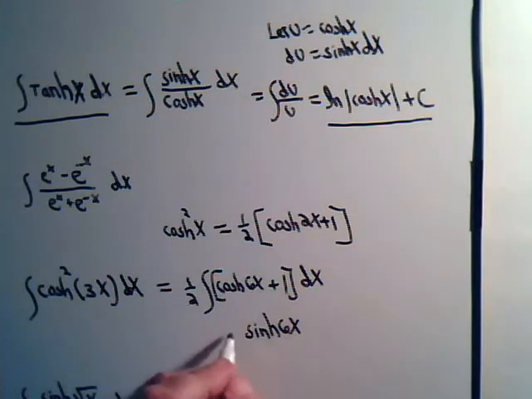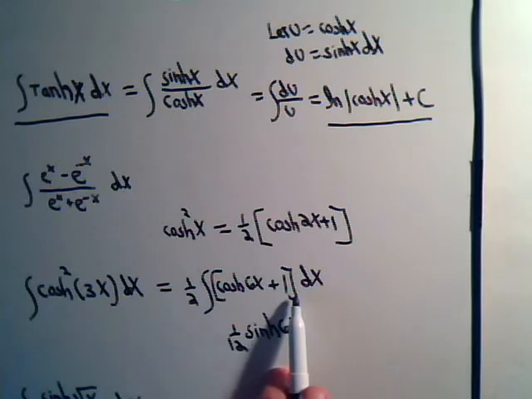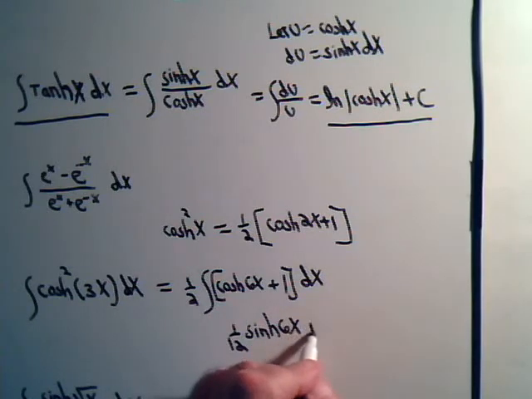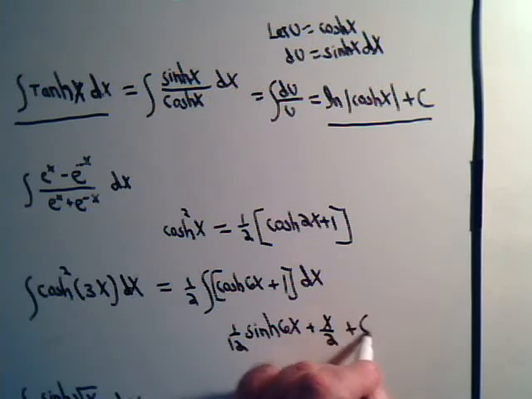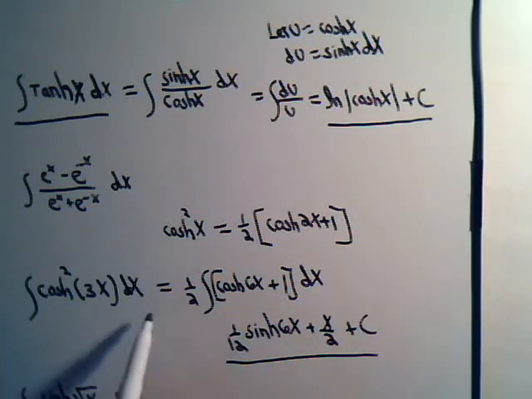We have a 1/2 over here, so that would be 1/12 of that. And then from here we have plus 1/2 x plus an arbitrary constant. So this would be the solution to that integral.